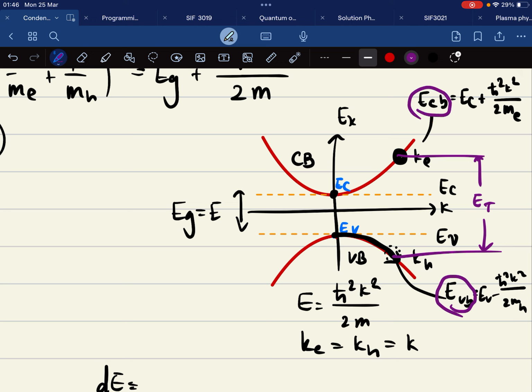Basically you just add up, right? Because this is the positive side and this is the negative side. So positive minus negative, so it becomes positive. Technically you just add up.